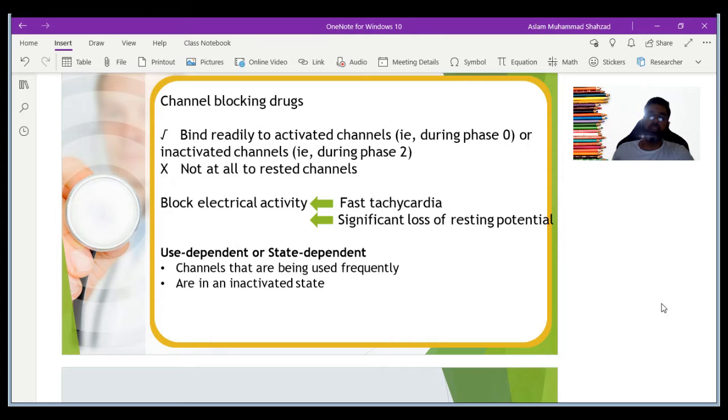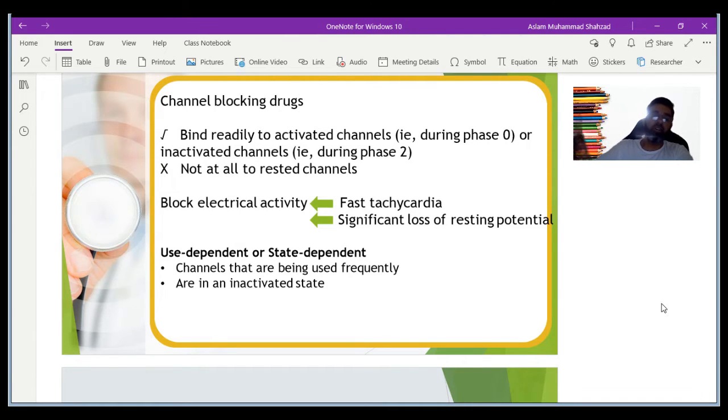Phase 0 is the time where the channel will be activated, whereas phase 2 is a time where there will be inactivation of the channel. So by binding with these channels on different phases, we block the electrical activity. The drug will work when there is fast tachycardia, where significant loss of the resting potential is responsible for the increase of electrical activity.